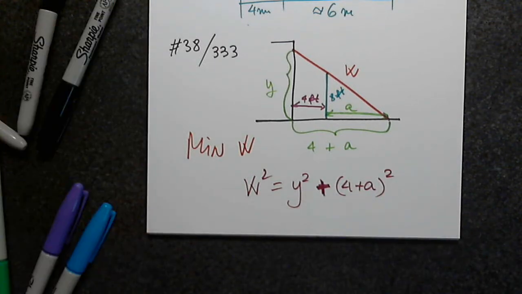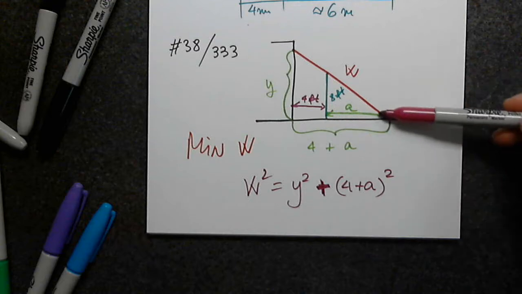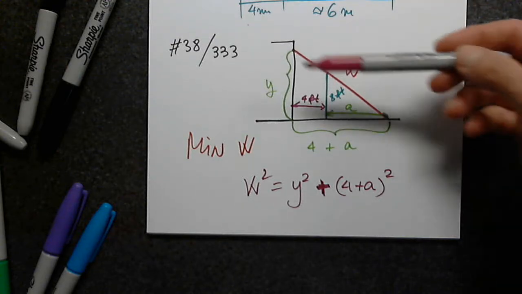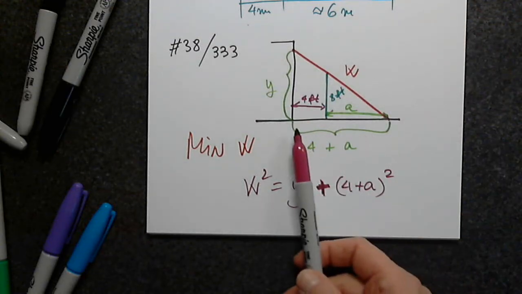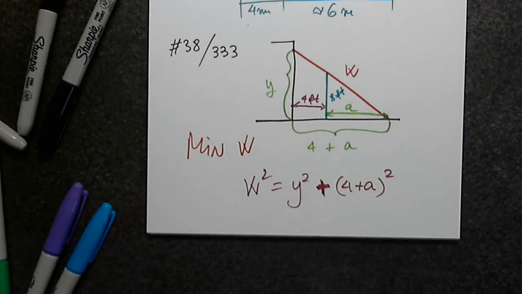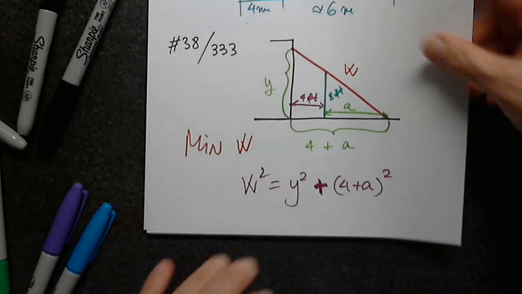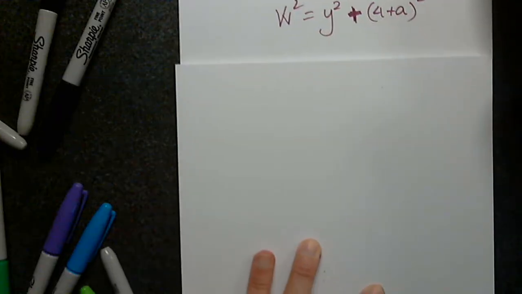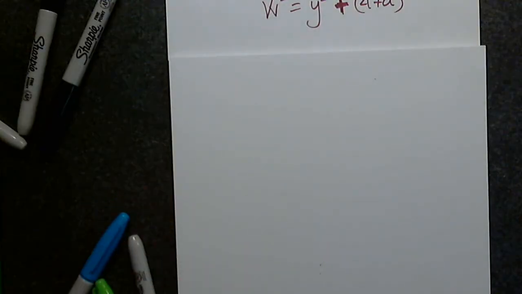Would you agree with this? Agreed? Okay, so I have Y and I have A. One of these two has to go away. I don't know which one for now, but I also see similar triangles here.